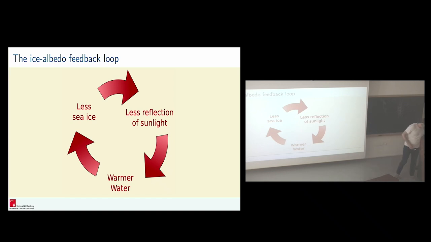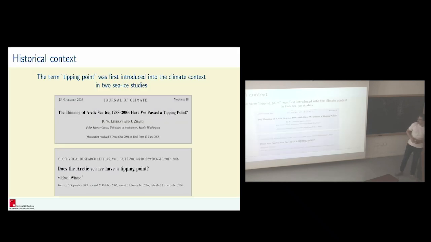Very, very simple story. And that story has led to the introduction of the term potential tipping points into the scientific literature. And as far as I could find, the first 2 papers in the natural sciences geophysical discipline that used the term tipping point were both related to sea ice. Has Arctic sea ice actually passed the tipping point, or does Arctic sea ice have a tipping point?